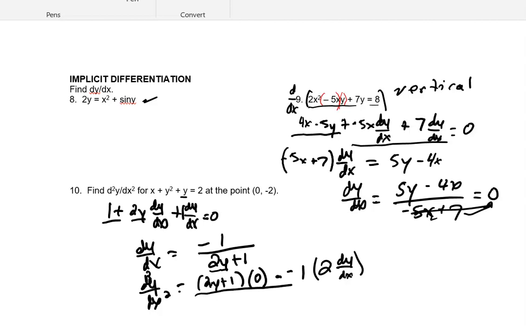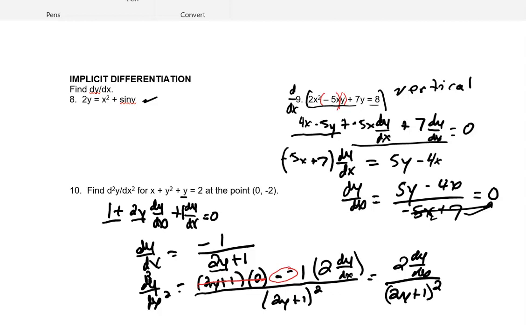And then all of that gets divided by your denominator squared. Then what you would notice is this is all going to cancel because of the 0. We see that we can turn this into a positive 2 dy/dx over that quantity 2y plus 1, squared.